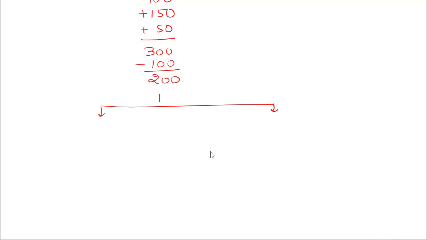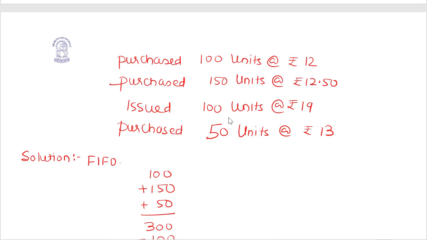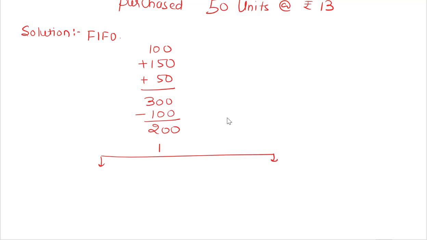We need to see the bifurcation of this 200. First in, first out. So this 100 will be issued from the first purchase. This will be out. So the available will be 150 into 12.5 and 50 multiplied by 13.